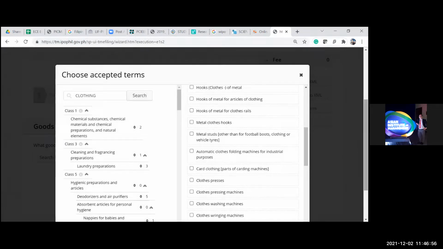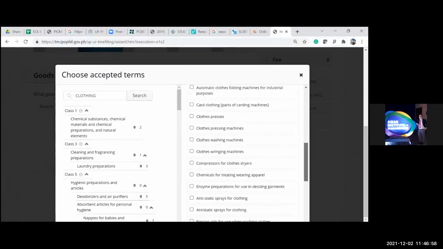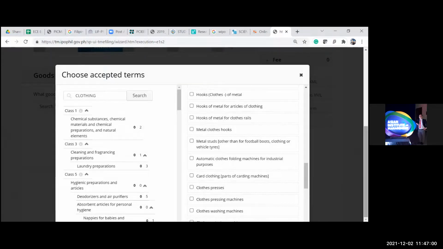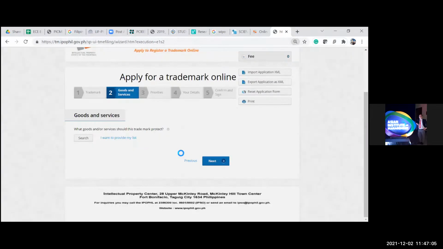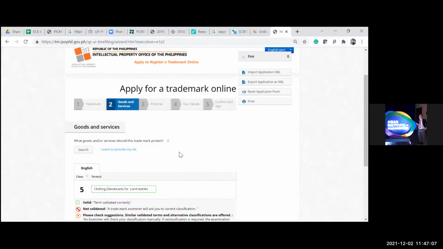So you can just click. Okay, so I cannot check now. Add terms, meaning that will be added already.